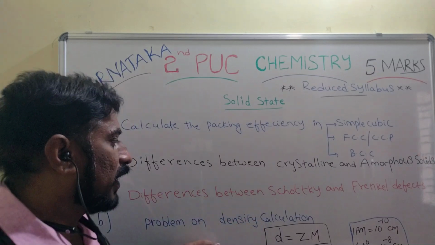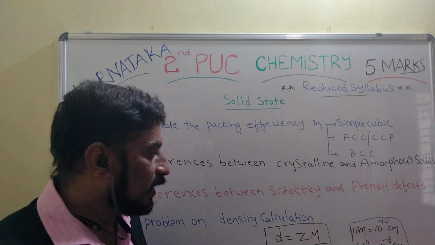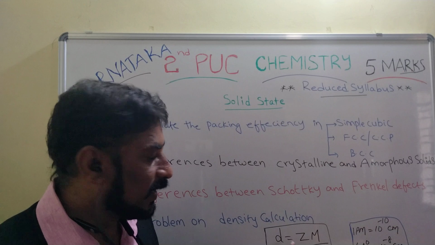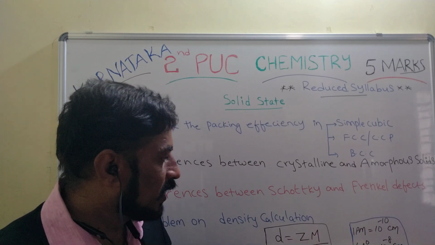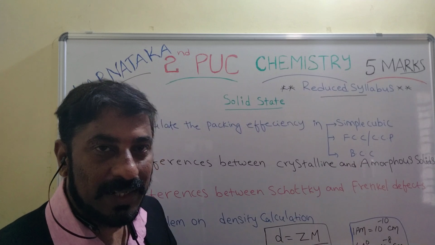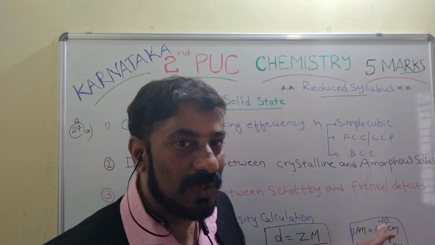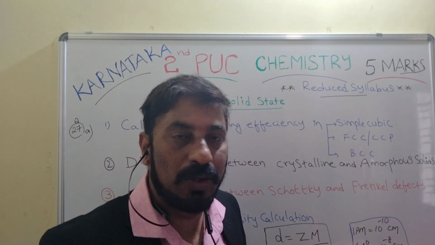Anyhow, the problem is mainly based on density calculation. We know the formula for density: d = Z M / (a cubed Na). Here Z is the number of atoms per unit cell, M is the atomic mass, a is the edge length, and Na is the Avogadro number. Here a will be given either in picometers, angstrom units or nanometers.